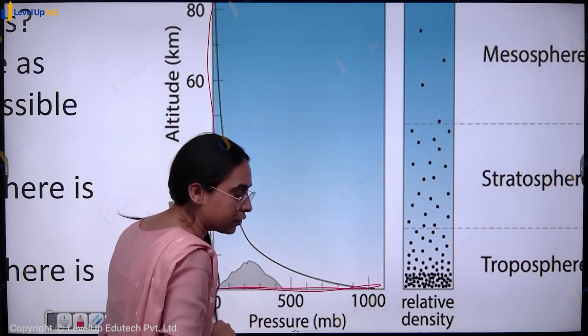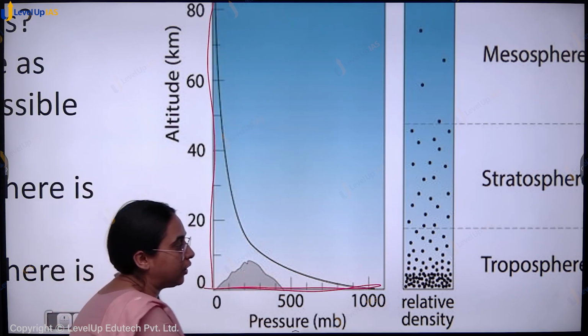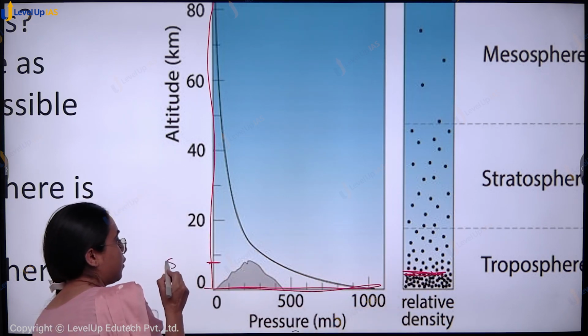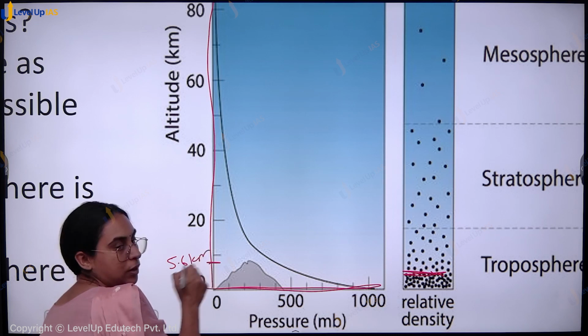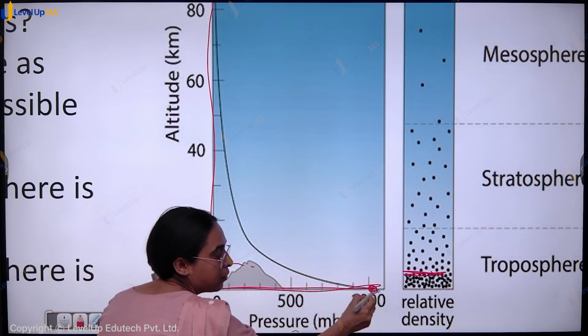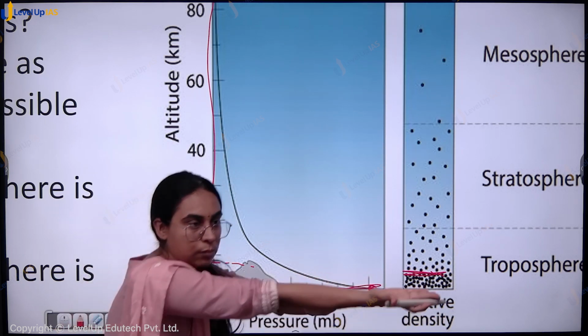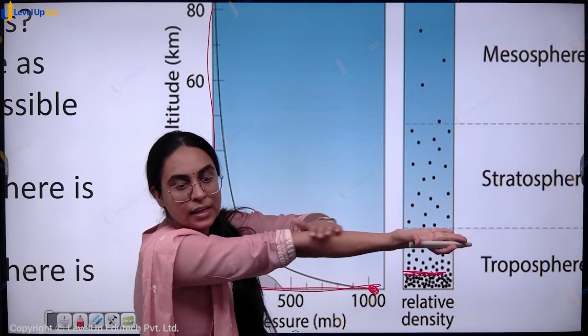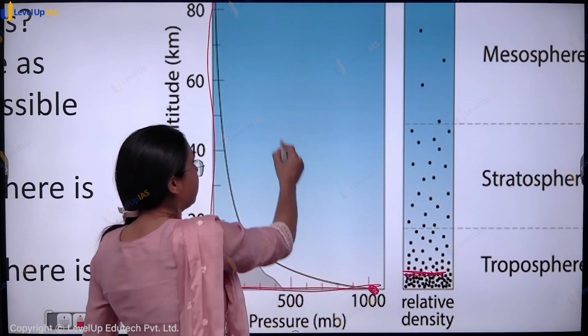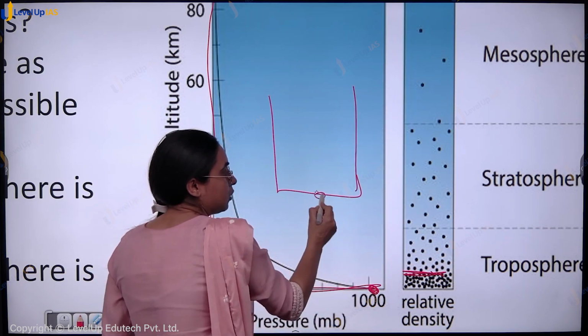We'll draw this, listen first. So if 50% of the atmosphere is within 5.6 kilometers, and the atmospheric pressure on the surface is, let's say, 1000 millibar, this is my surface, here the pressure is what?